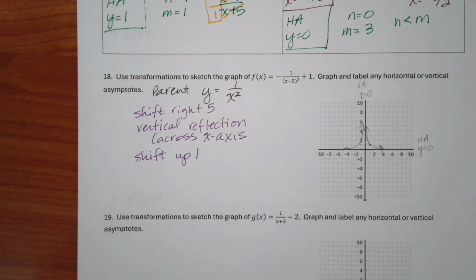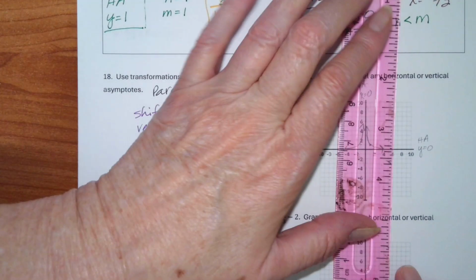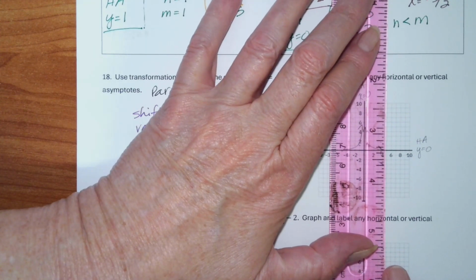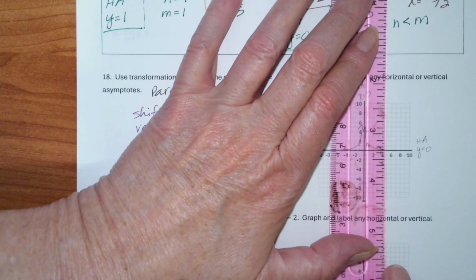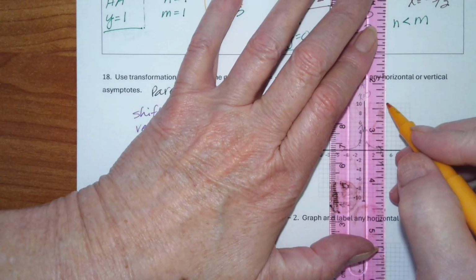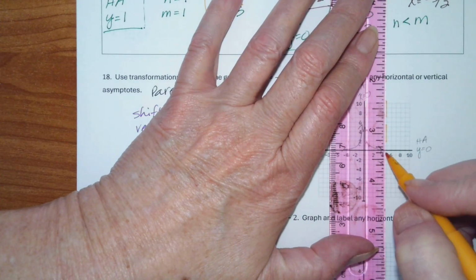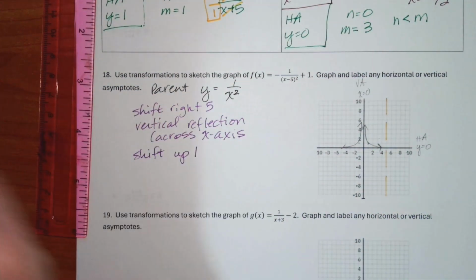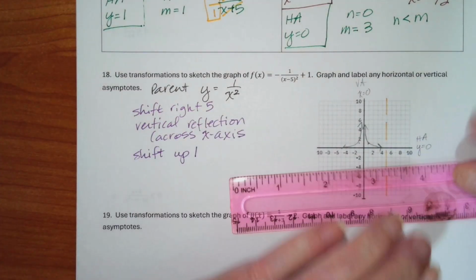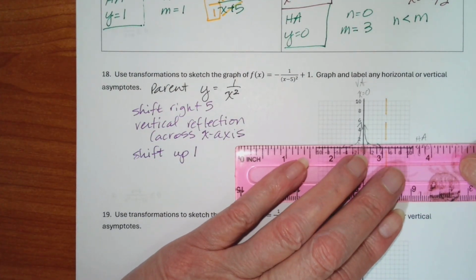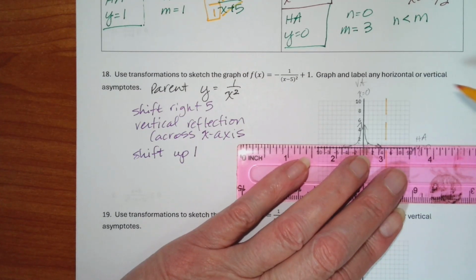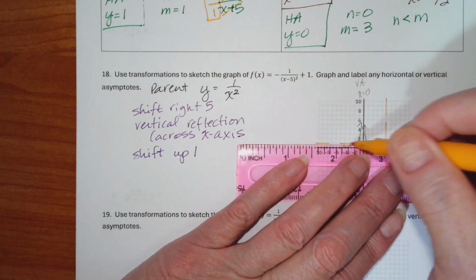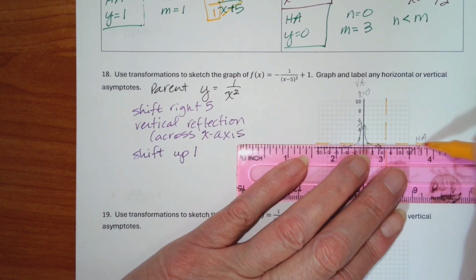Okay, so if I shift to the right 5, then that moves my asymptote over here to 5. So for my new graph, my vertical asymptote is going to be there. Shifting up 1 means that my asymptote is going to go here.